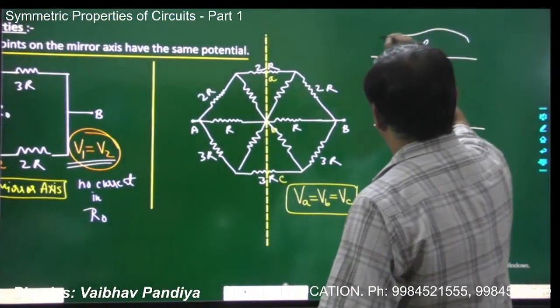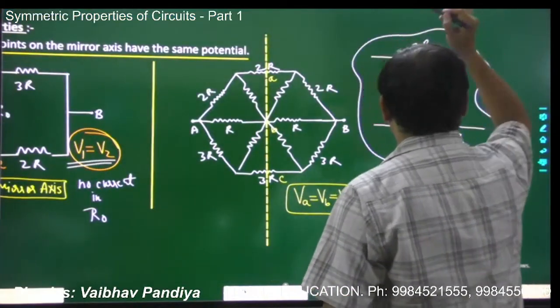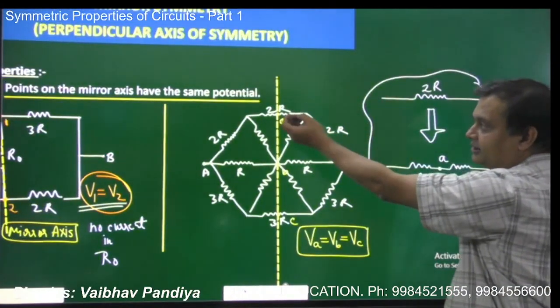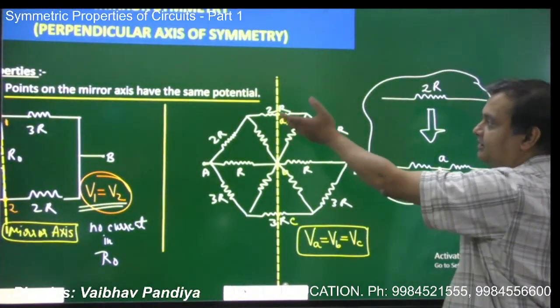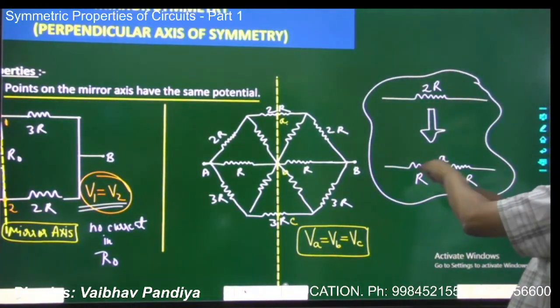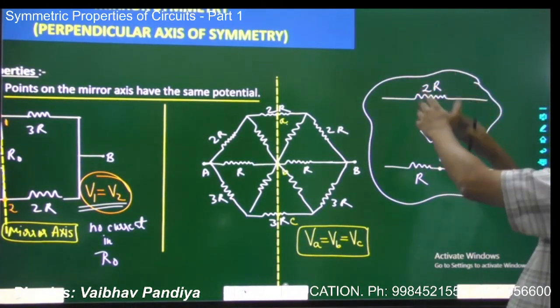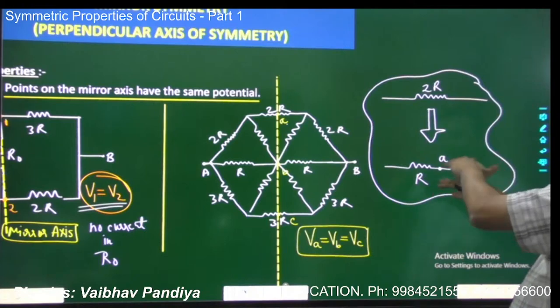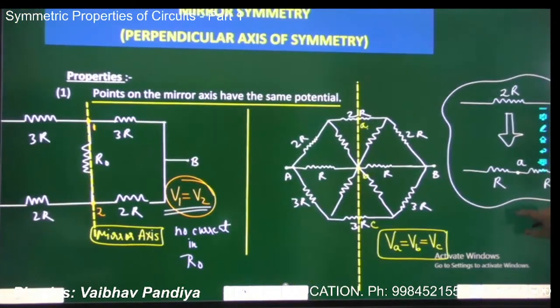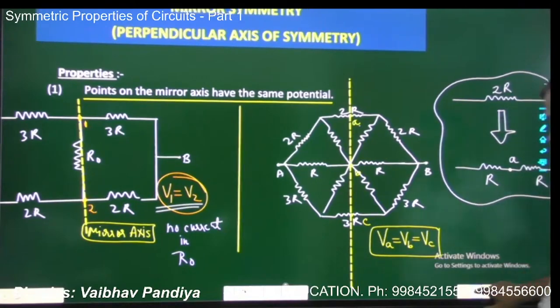This is the skill we will employ in the applications when you want to divide some resistor, getting its midpoint as a clear separate point. So if it is 2R, it can be divided into 2 series of R, R. If it is R, it can be divided into 2 components in series, R by 2 each. Okay, so write the first property.